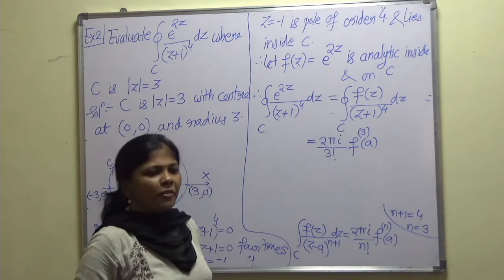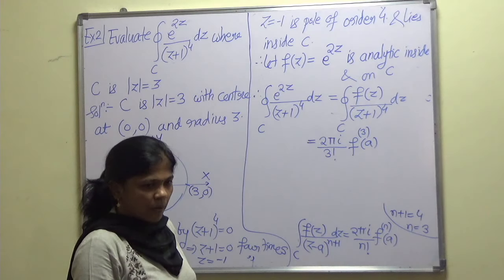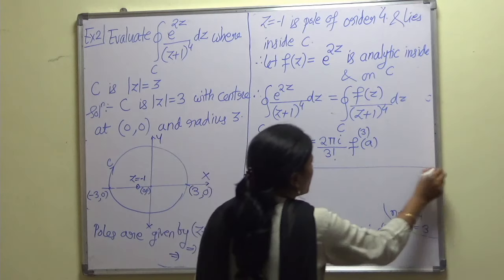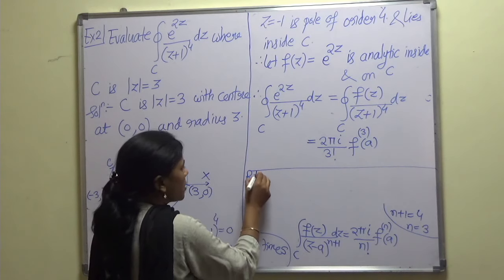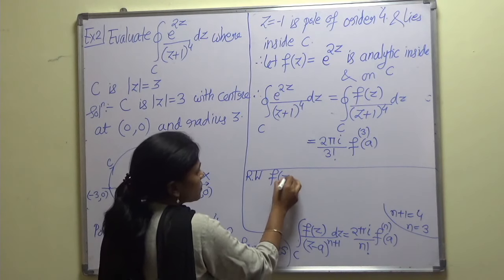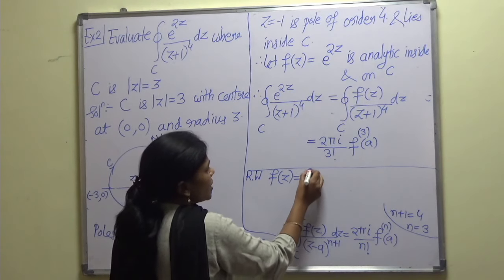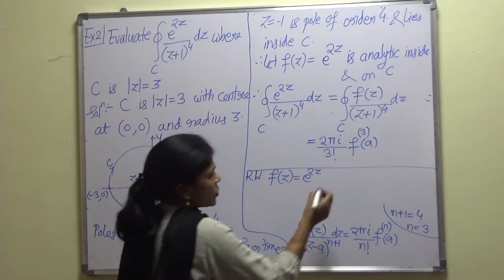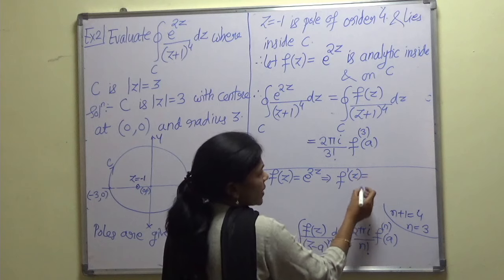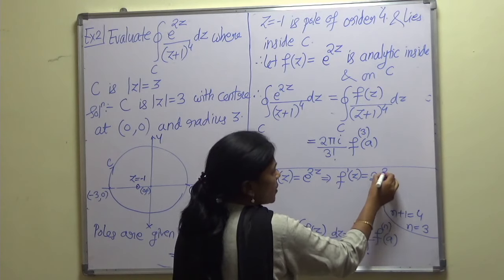So we just need to find out the third derivative of f of z. Let us do it in rough. What is f of z? e raised to power 2z. Its first derivative is 2 e raised to power 2z.